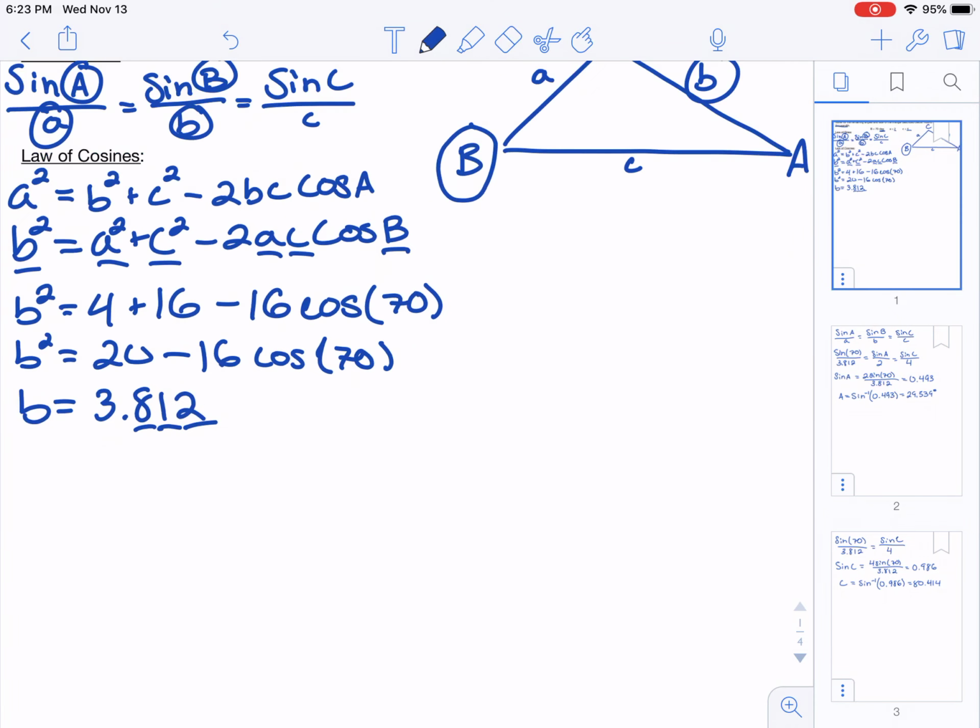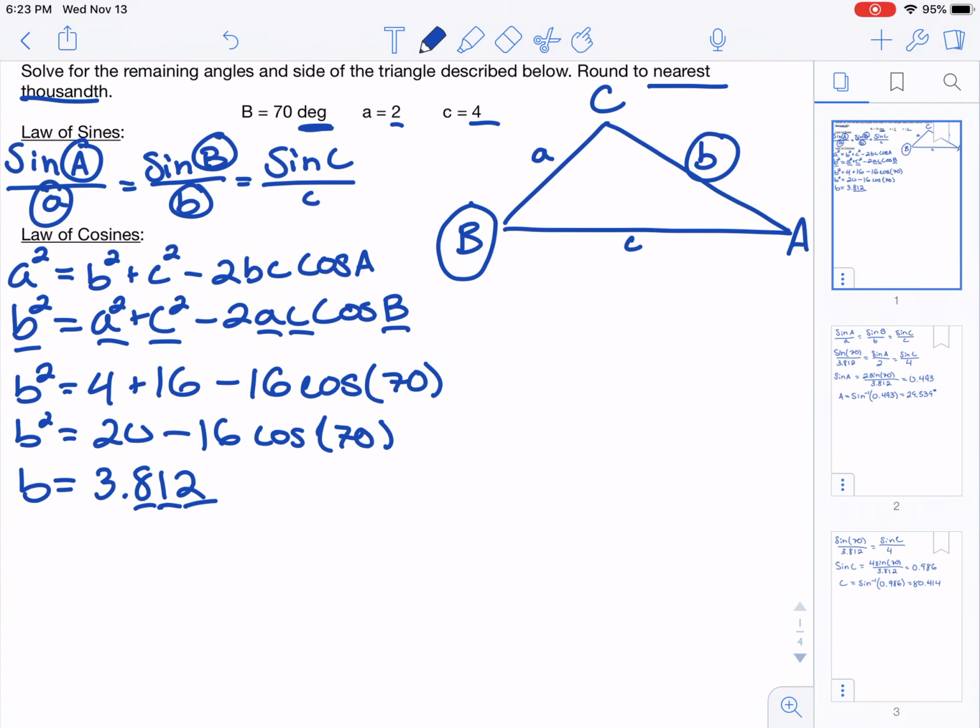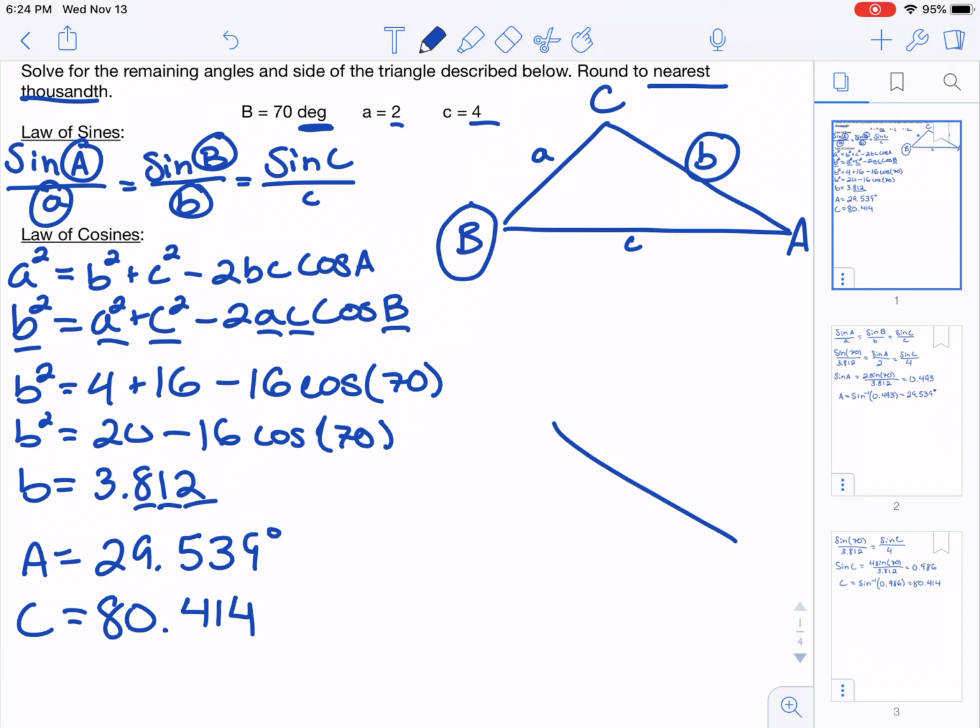So to put this all together, we have b here was 3.812. Our angle A was 29.539 degrees. And our angle C was 80.414. So looking at this, I'm going to draw another sketch of this triangle, and I'm going to put our actual values in now.